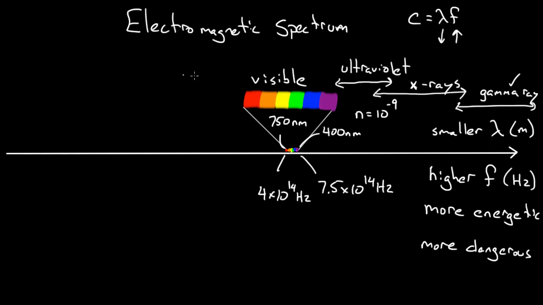Then down here, you've got infrared. So this would be below red. You couldn't see this either. It'd be infrared. And then below that, you've got microwaves. And in this region, there's lots of useful stuff. Your cell phone signals are in the microwave region.